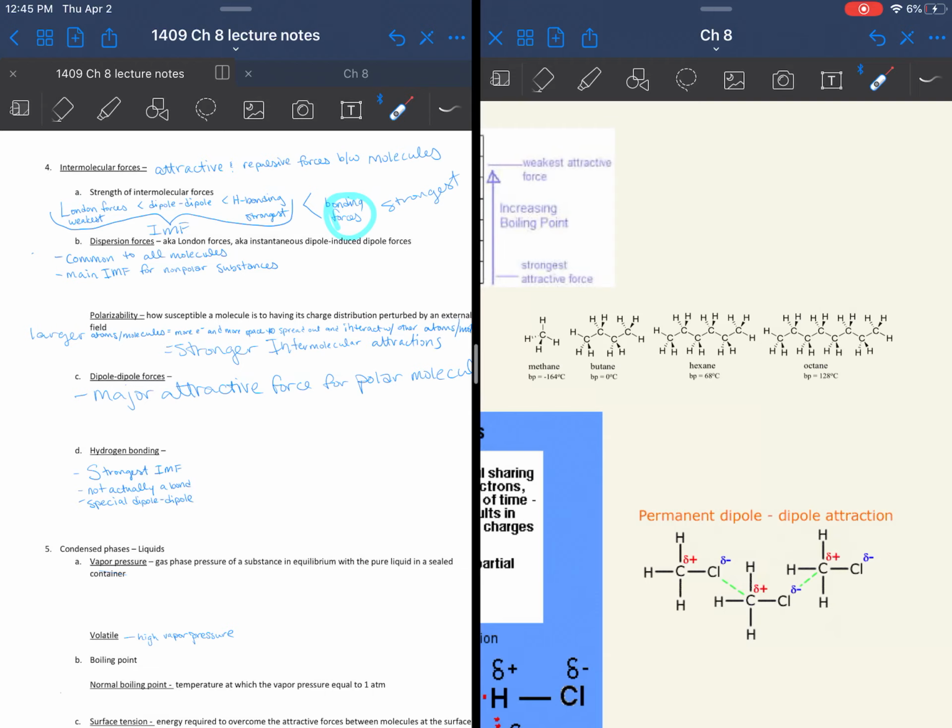So there's no real polarity to this molecule other than those temporary and induced dipole moments. So when we compare boiling points, the boiling point of methane is minus 164, and by the time we go up from 1 to 8 carbons, the boiling point's now 128 degrees C.